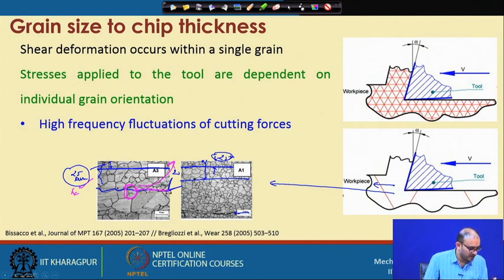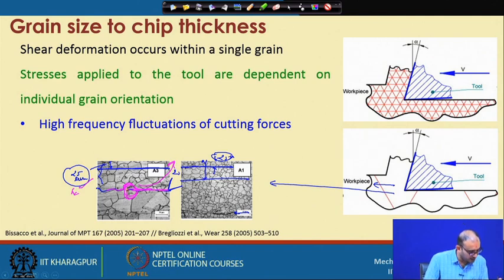So suddenly you have to apply more force to cut this, because now you are not getting a boundary. The only other way is that your tool will jump in this direction, which depends on the stiffness of your machine tool, that we will discuss in more detail in the component of the machine tool. But right now we consider the machine tool stiffness is very high. So in that case it will not jump over this part, but it will cut the grain here.